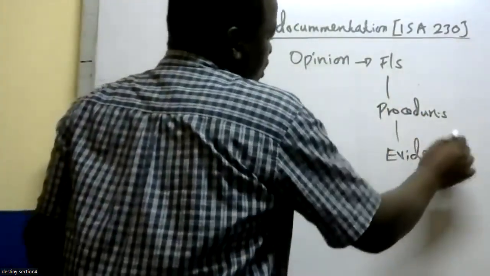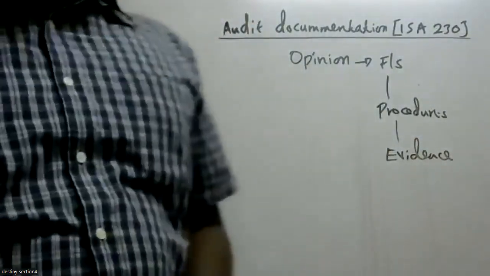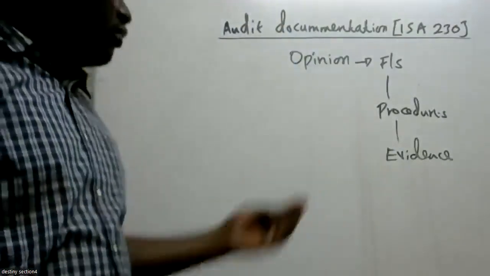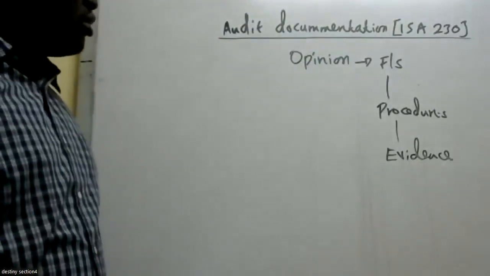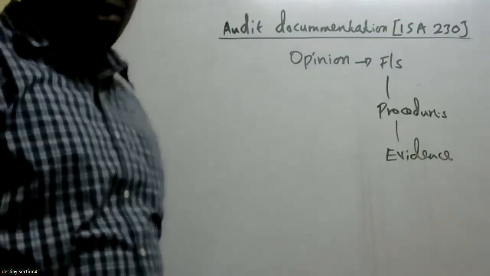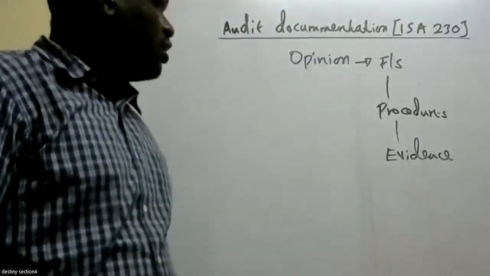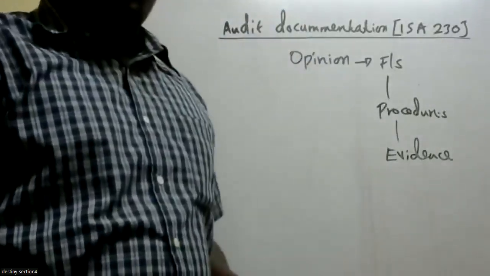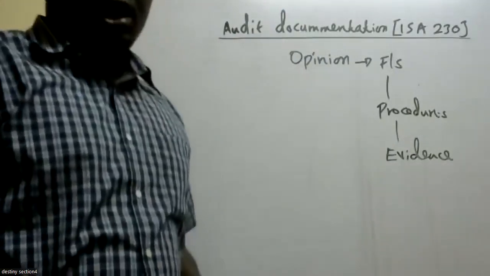This evidence needs to be documented in what we call the working papers. So working papers contain material information or the facts, which enable auditors to arrive at a certain conclusion or a certain audit opinion. So all those procedures performed by the auditor, the conclusions made and the judgments made by the auditor need to be documented in what we call the working papers.